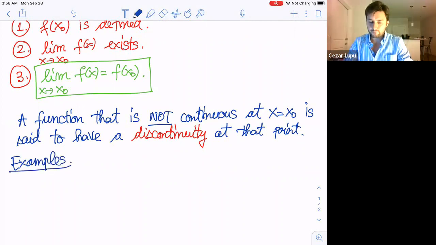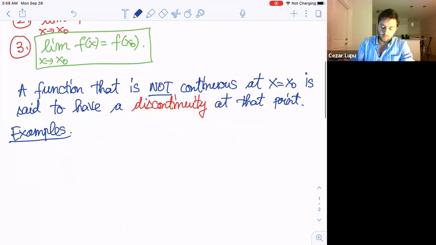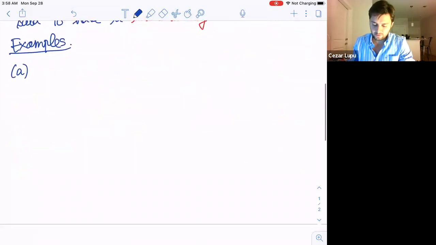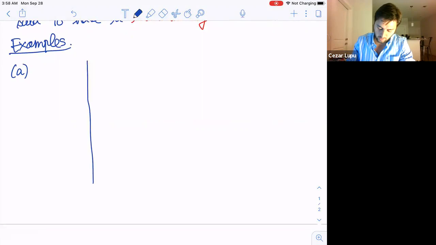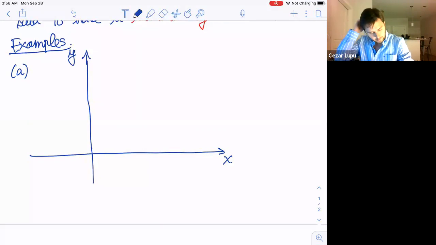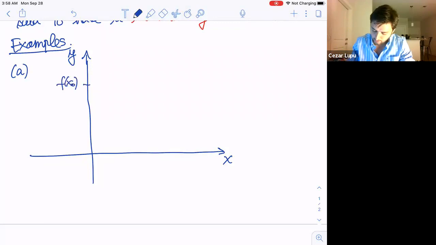Let me draw some pictures first. I want to recognize this property of continuity by just looking at some pictures. So let me draw the following picture. Here we have this value f of x naught, and here's the point x naught, so they will meet somewhere here.